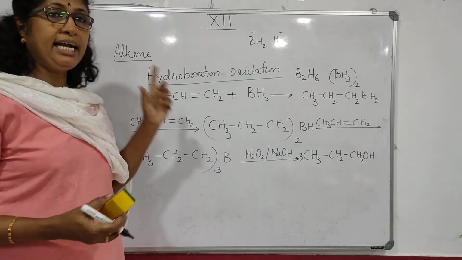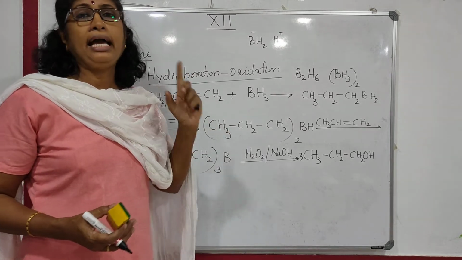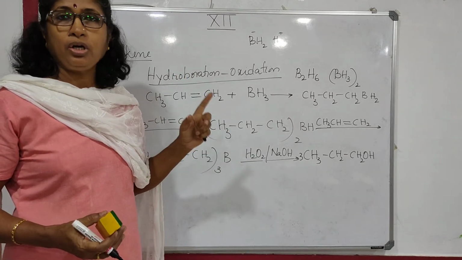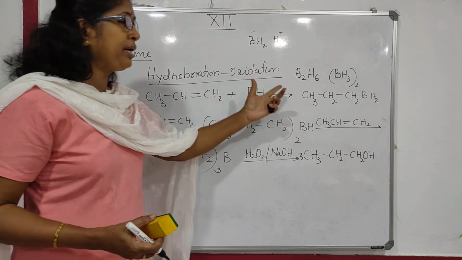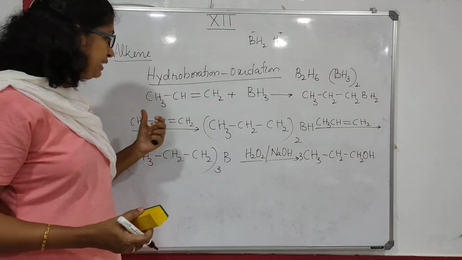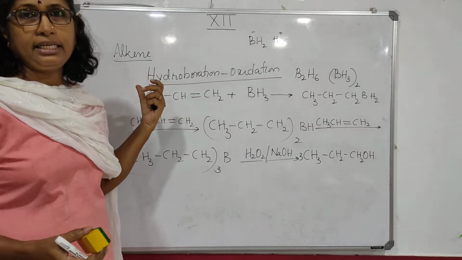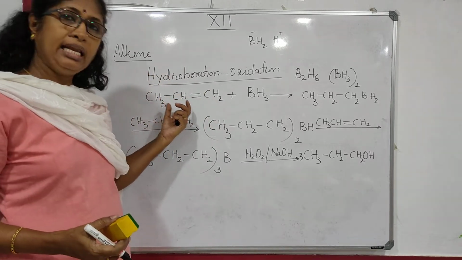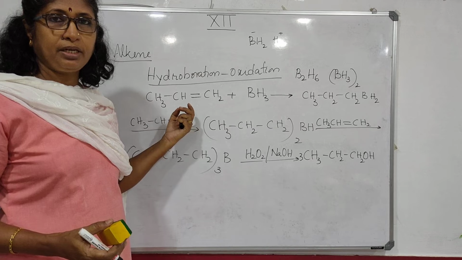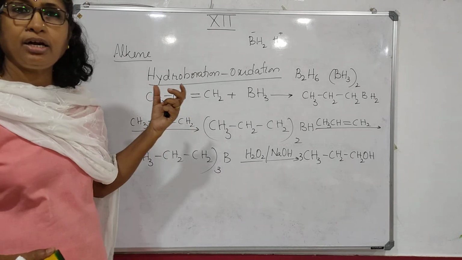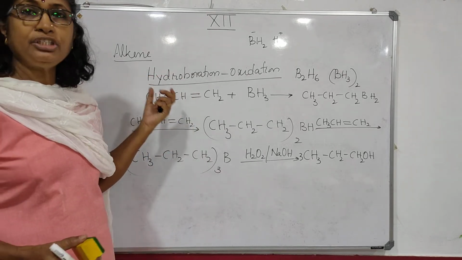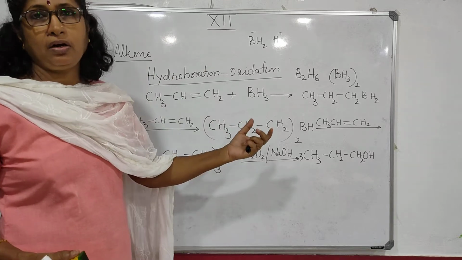And here the addition takes place according to anti-Markovnikov's rule, not Markovnikov's rule. The negative part of the addendum goes to the more hydrogenated carbon atom, and the hydrogen, that is the positive part, will go to the less hydrogenated carbon atom. Understood? So this is another method of conversion of an alkene to alcohol.